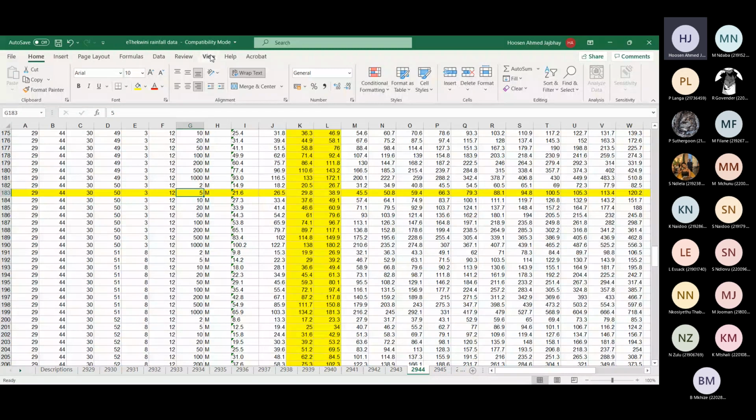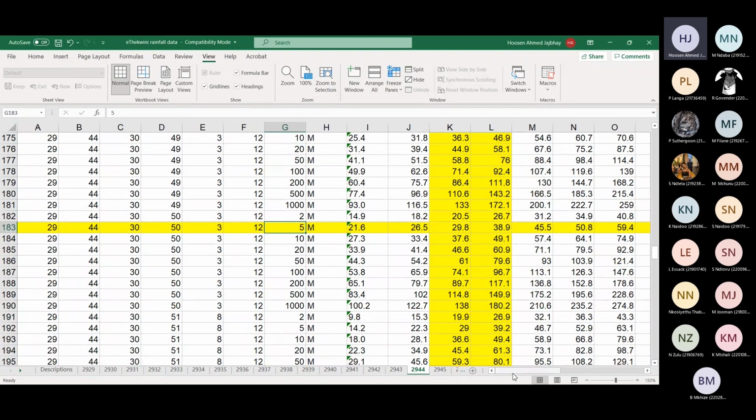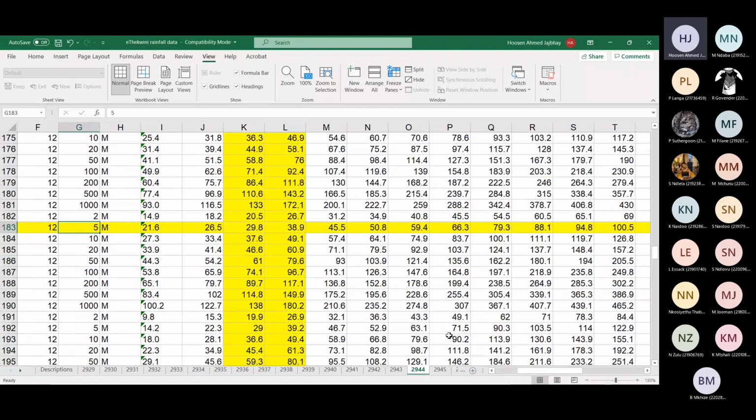Right. Let me just see if I can enlarge the view. 150. That might be a bit bigger. You may not be able to read those values, so I just enlarge the screen. Right.